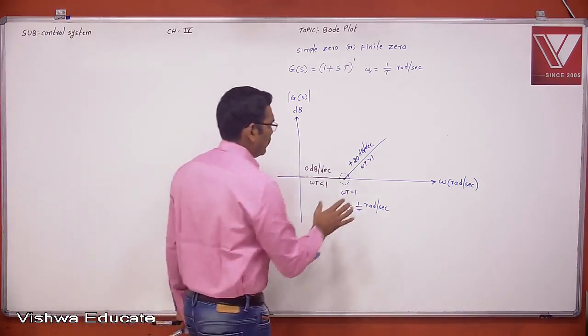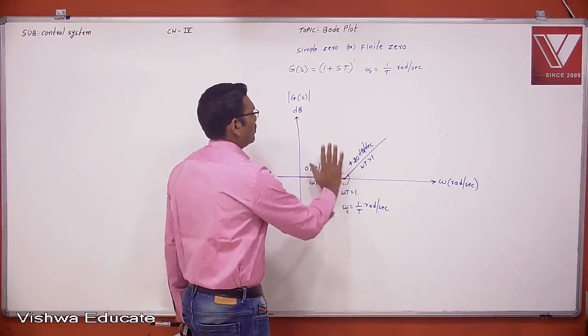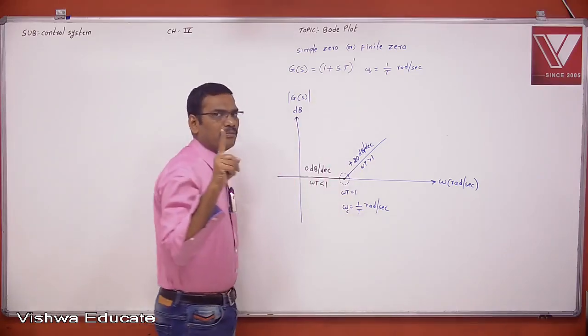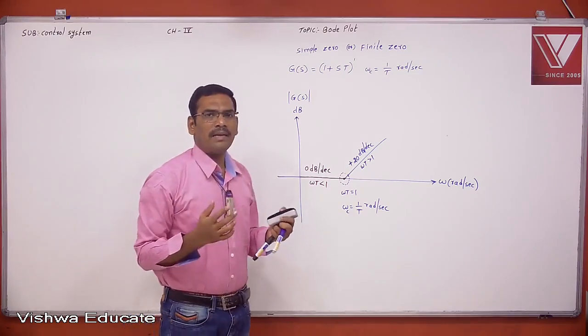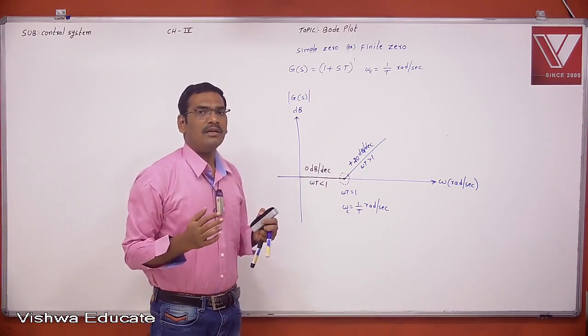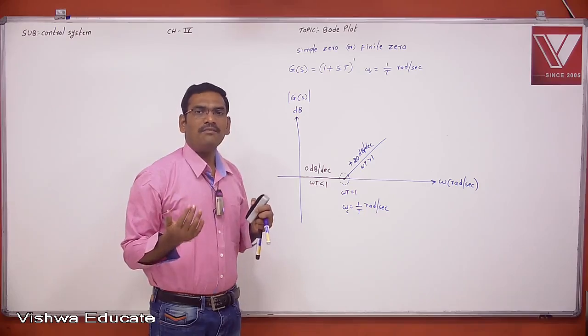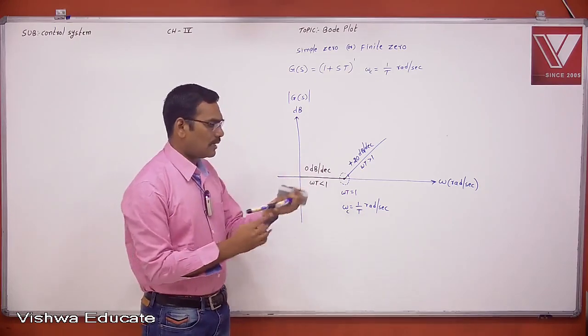Now students, this is the Bode magnitude plot of one simple zero, one finite zero. But the Bode plot is an approximated plot. Therefore we consider the slopes and the phases after the corner frequency.